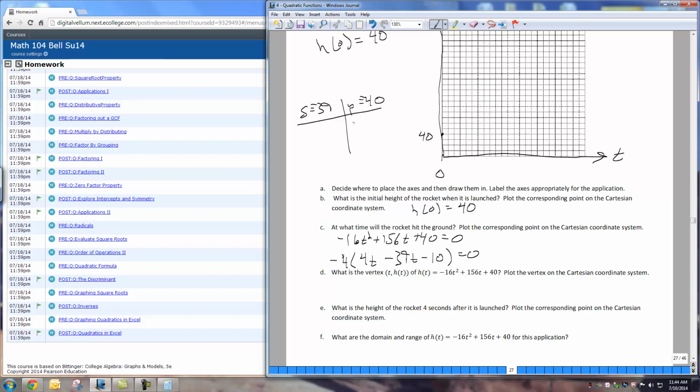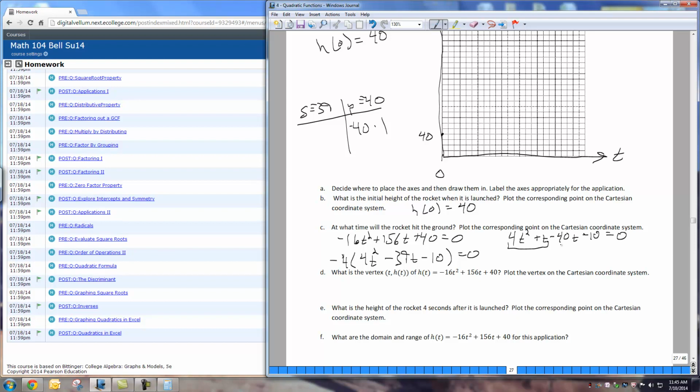So that's pretty easy. It's negative 40 times 1. That product gives me negative 40. When I add them together, I get negative 39. So I'm going to write the 1 first. So I get 4t squared plus t minus 40t minus 10 equals 0.